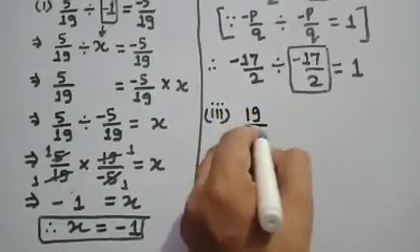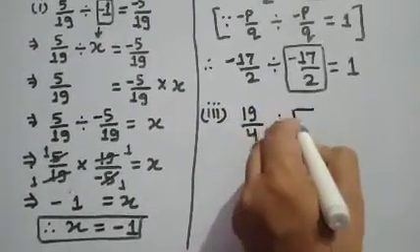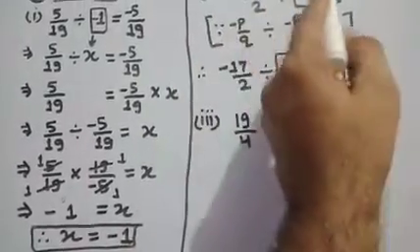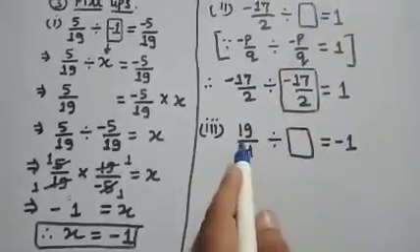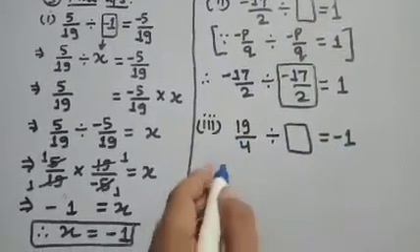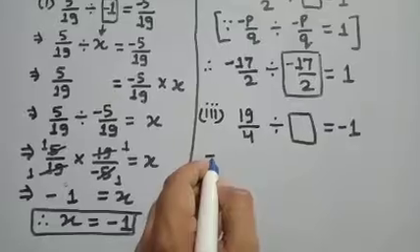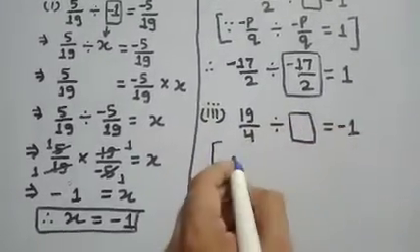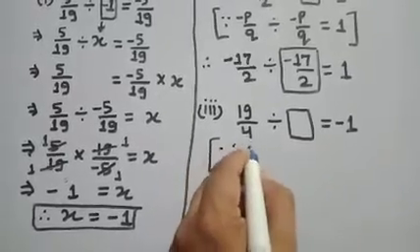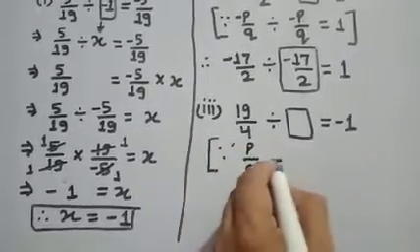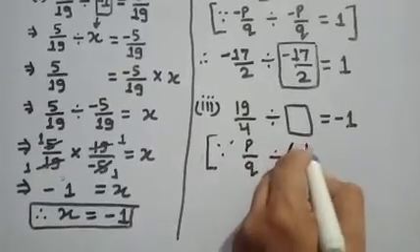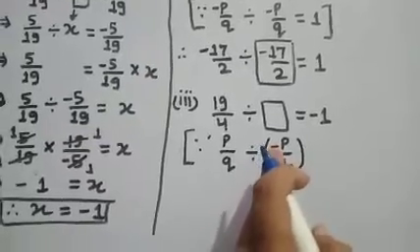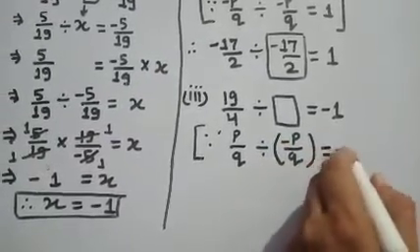19/4 is divided by what number? The result is minus 1. Look here, if the dividend is a negative number, the answer is positive. Now here is a positive number, the answer is negative. So you will do it with the other sign. When plus and minus become minus, then p upon q, a rational number, divided by minus p upon q with the same number but the sign changed, you will get -1.